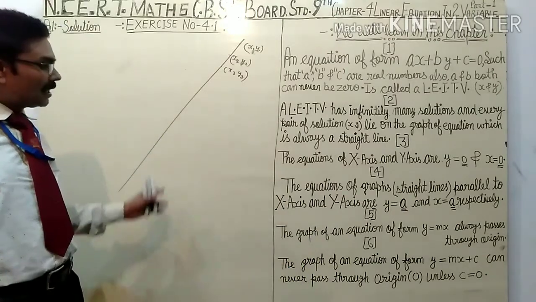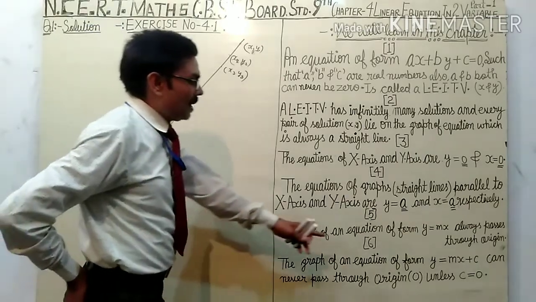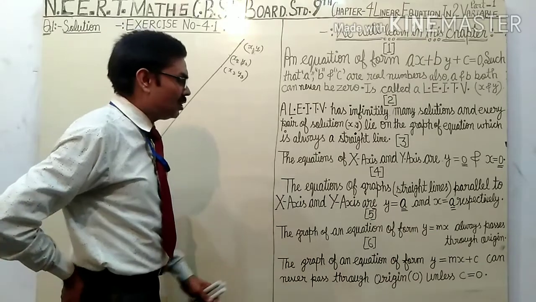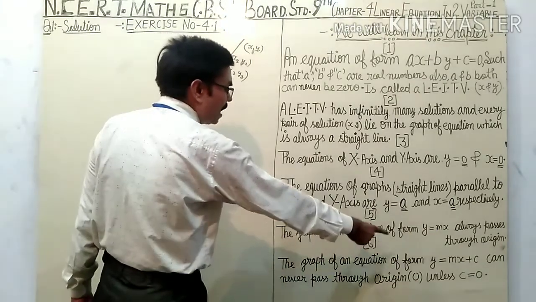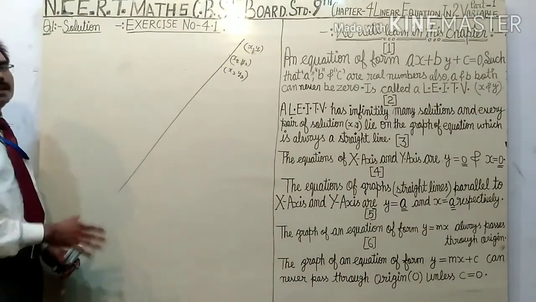But students, if an equation is in the form y equals mx plus c and c is not equal to 0, then the graph of the equation in the form y equals mx plus c will never pass through the origin.